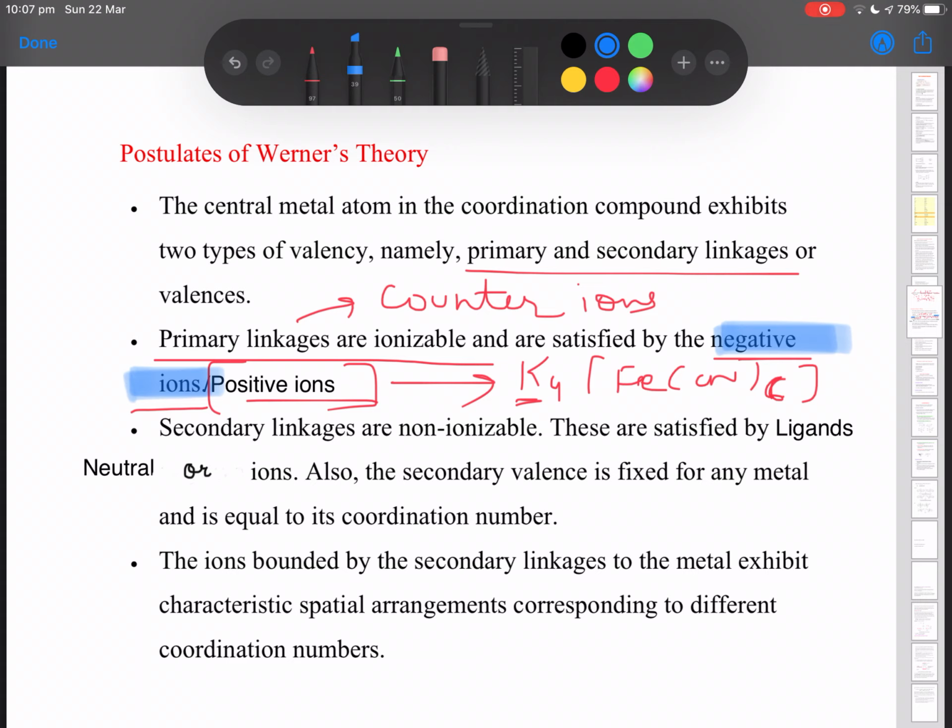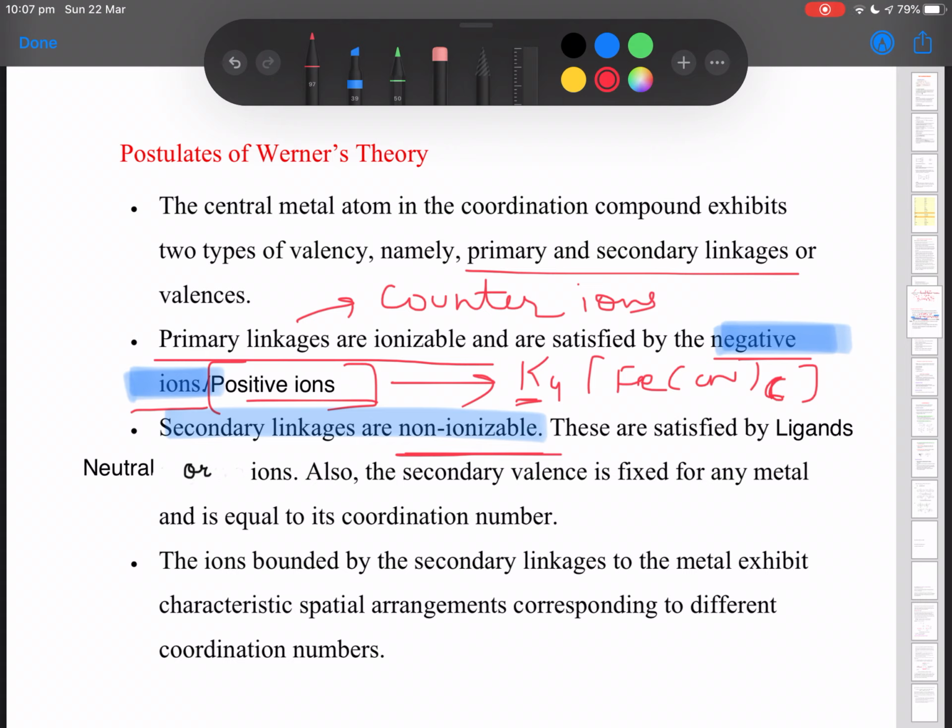When we talk about secondary valencies, we also understood from his experiments that secondary valencies are non-ionizable. That means they can't be dissociated at any period of time. Whatever you do, you can't dissociate the metal and ligand association.